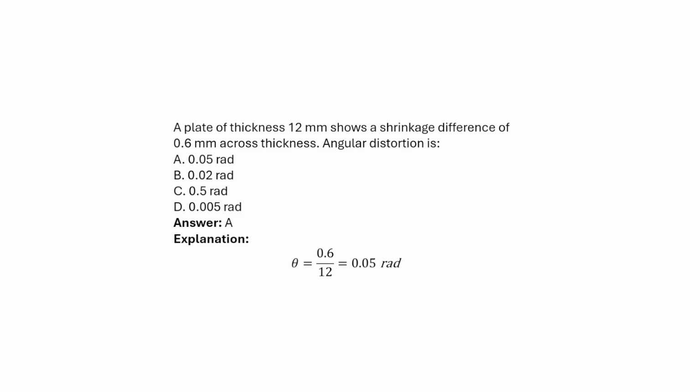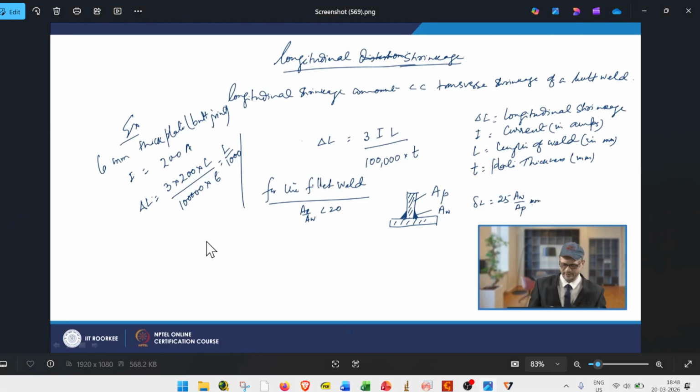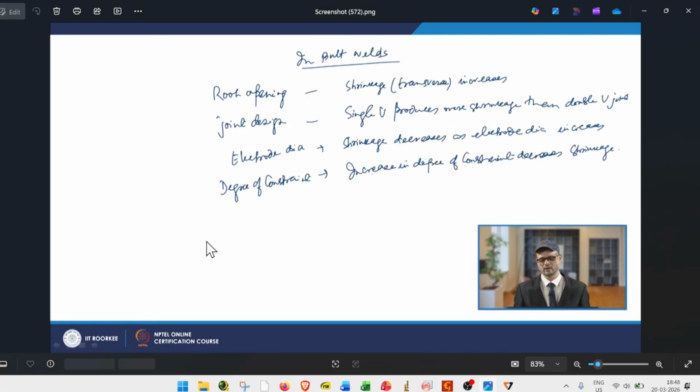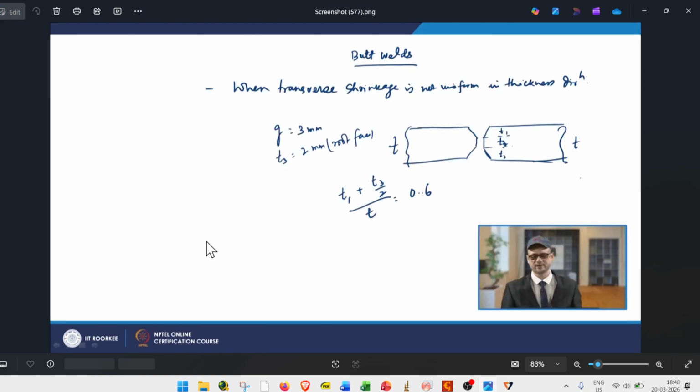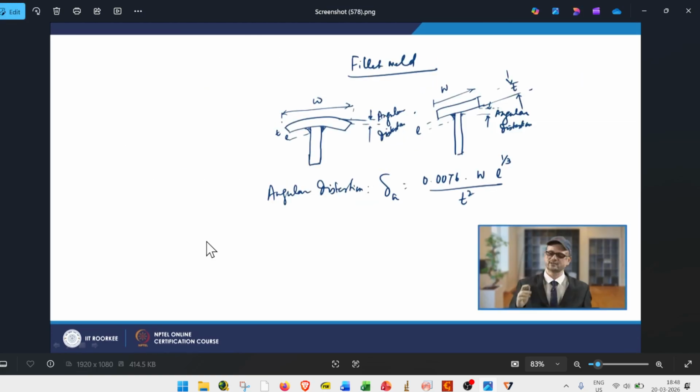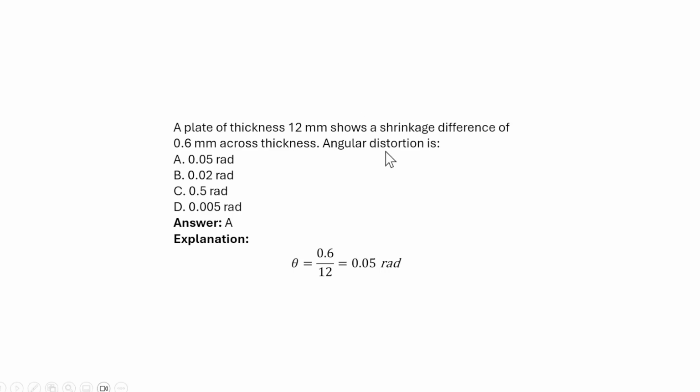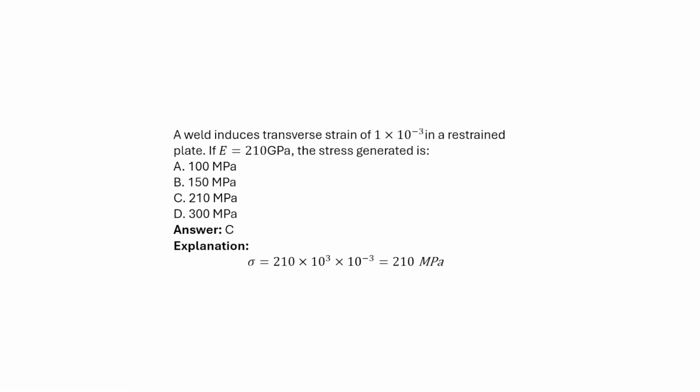The same, as we have seen here, you can apply the angular distortion formula. Here they have completely given the shrinkage difference, so that will be 0.6 divided by 12, which is 0.05 radians.